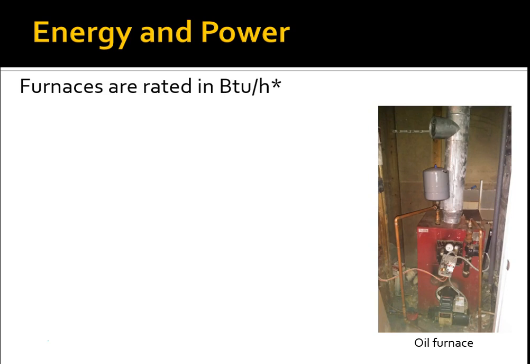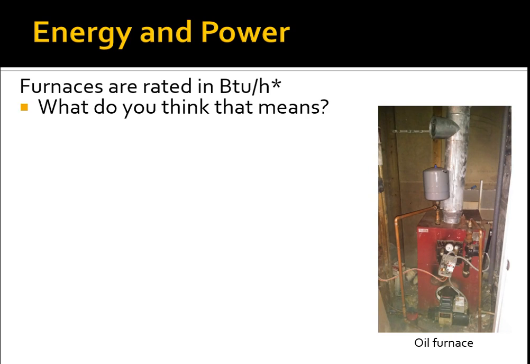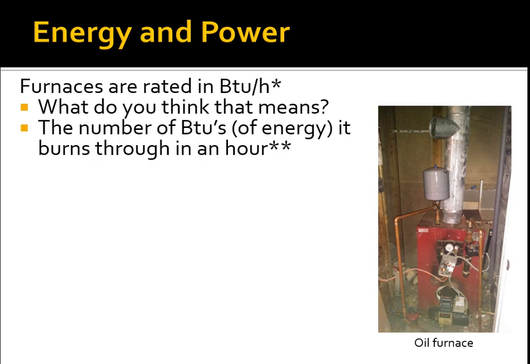So let's look at a couple of examples. Furnaces are rated in BTUs per hour. There's an asterisk there that I'll get to in a second. But they're rated in BTUs per hour. Take a second to think about what you think that means. The BTU per hour rating tells you how quickly it converts the chemical energy.